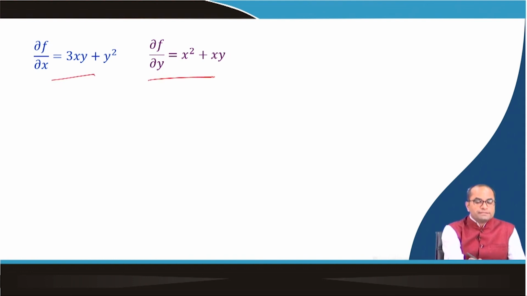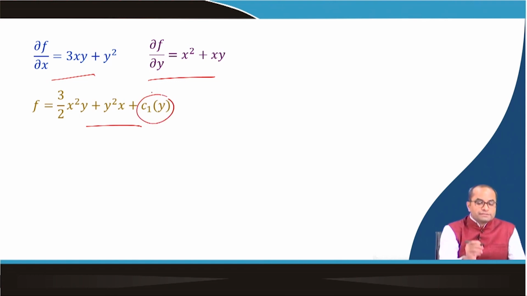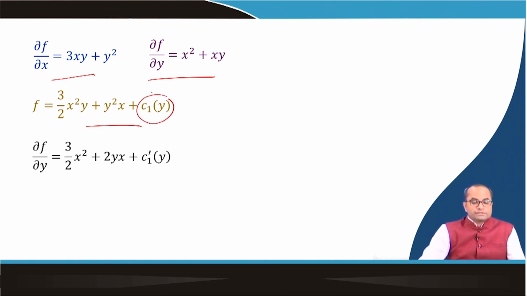So, what will happen then? Here the f will be where we will have this general constant C1, a function of y, and then its derivative with respect to y, which will be related to del f over del y as we have done before.